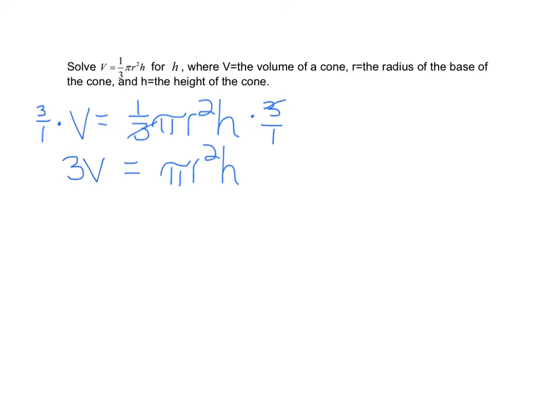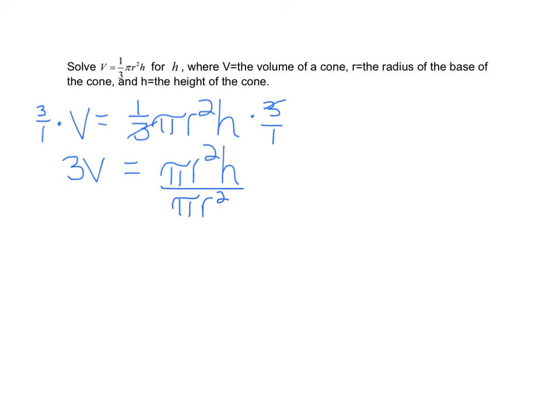Now, my goal is still to get h isolated, because they told me up here I'm solving for h. I'm trying to get h by itself. Now what's in the way? Pi and r squared. What's going on between all three of these things? They're all multiplied, right? The inverse operation to multiplication is division. I'm going to do it all at once. I'm going to divide both sides by pi r squared.